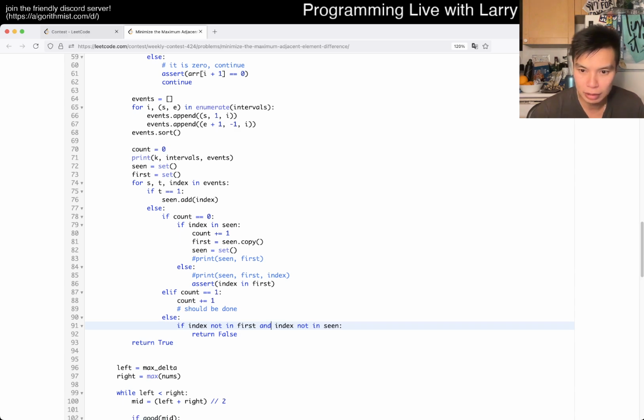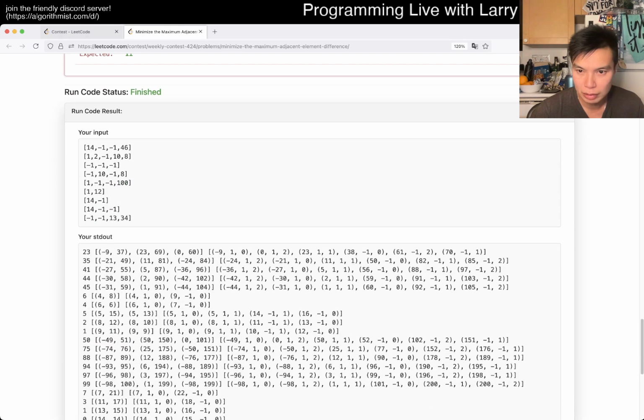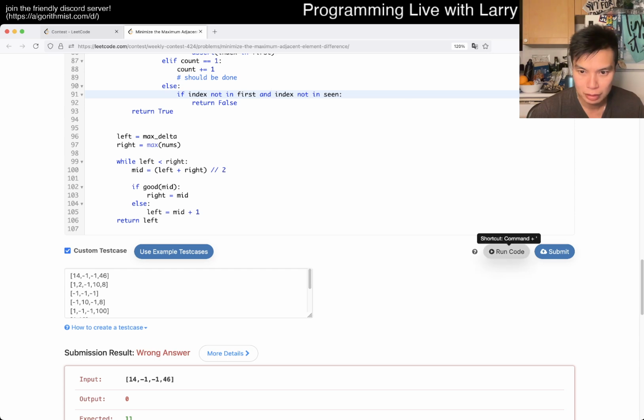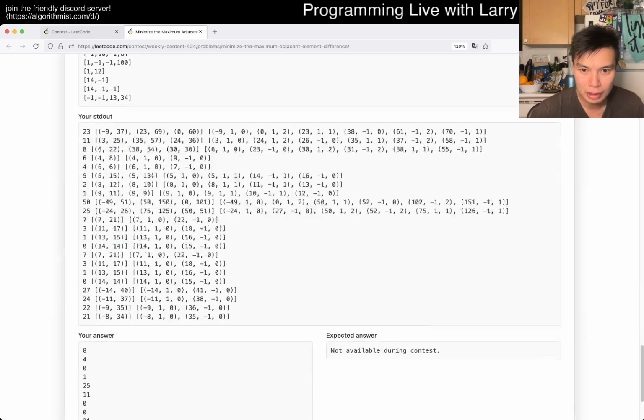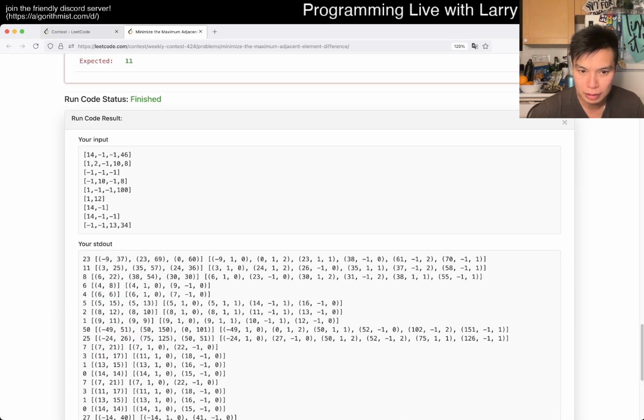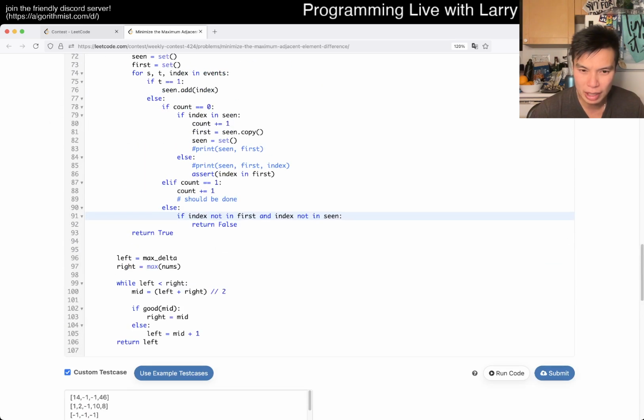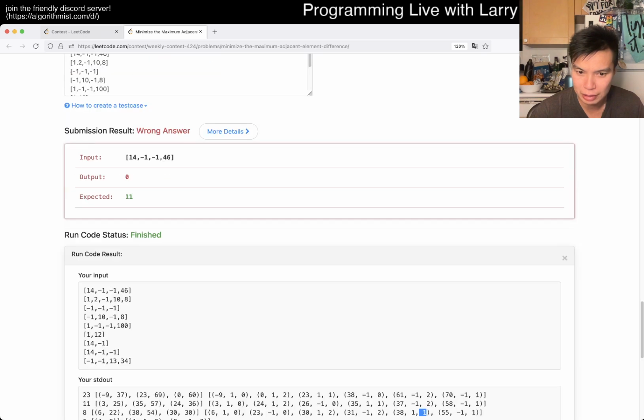Okay, so then the index for this one. So these are the events. The index for this one is 2. That's not right. Oh no, that one is right. But index of 1. So for count of 2, then index of 1 is not seen.